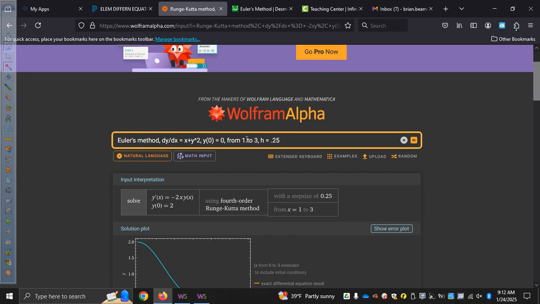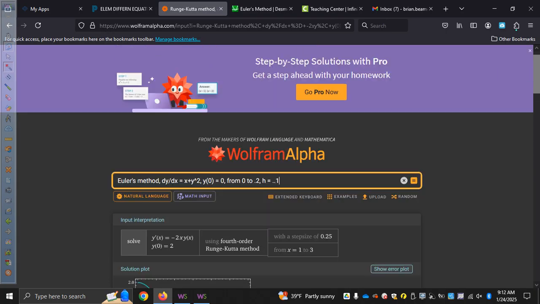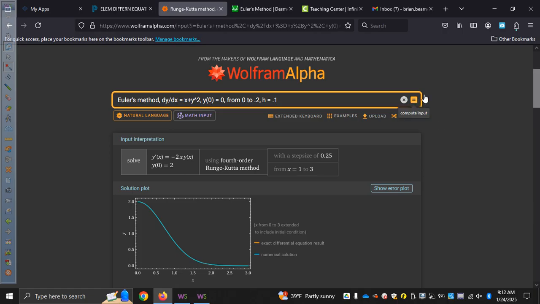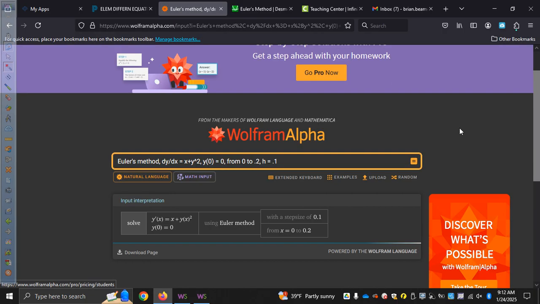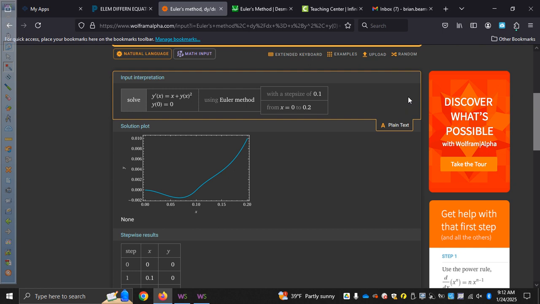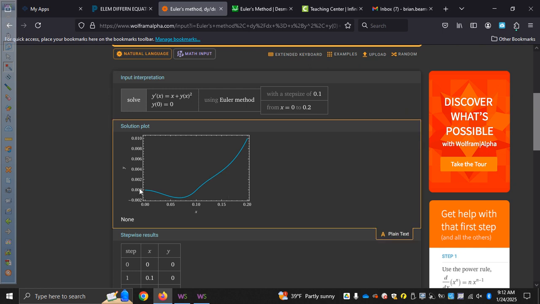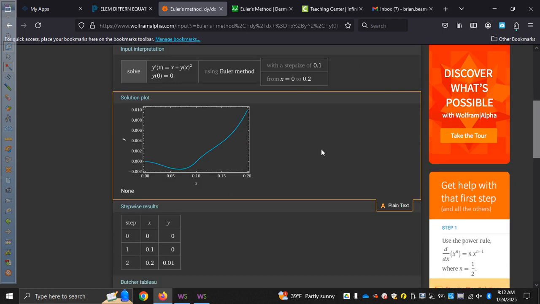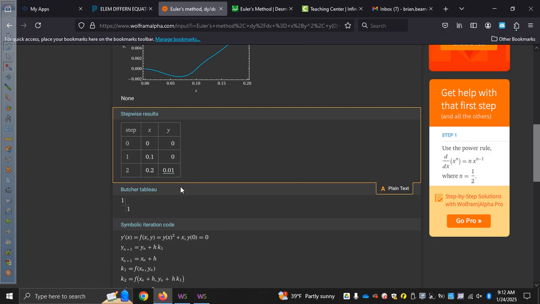From 0 to 0.2, h equals 0.1. And there's a nice graph, and there are our steps.